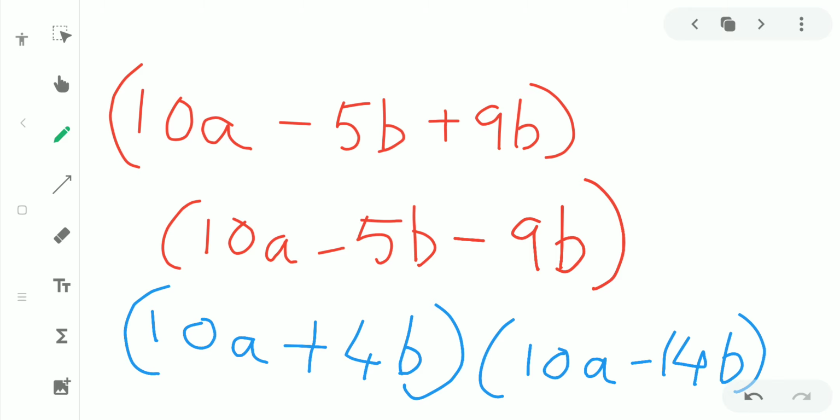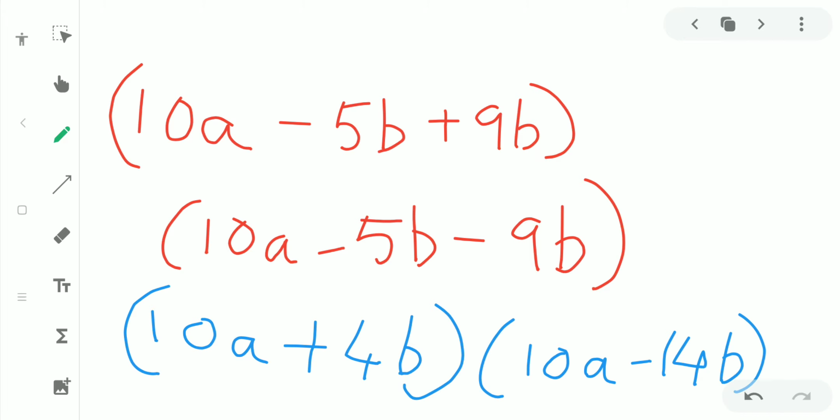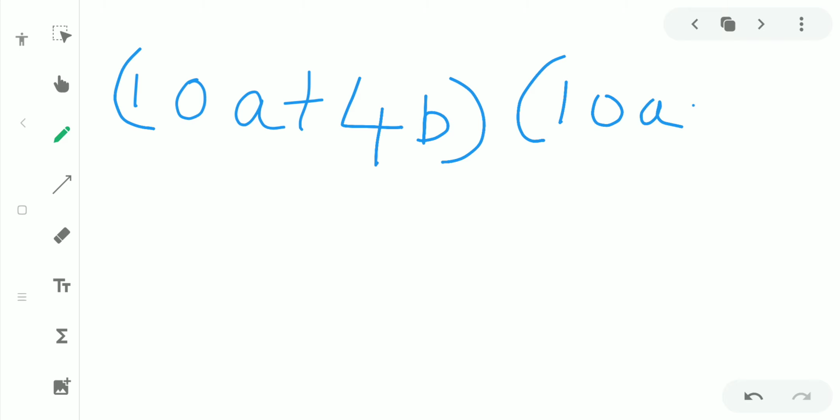So now 10a plus 4b and 10a minus 14b. So here we are getting 2 common in both the sides.